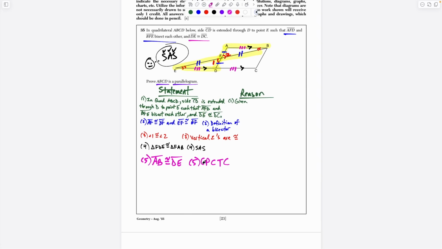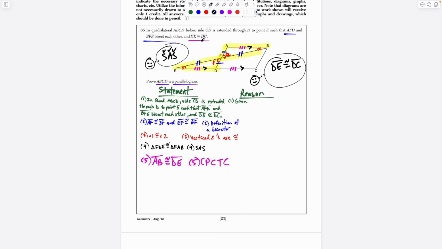Just abbreviate CPCTC. Okay, so now notice we've proven AB is congruent to DE, but we still have to say that AB is congruent to DC. And let's think about how we could pair that together. Well, what we have is DE is congruent to DC.